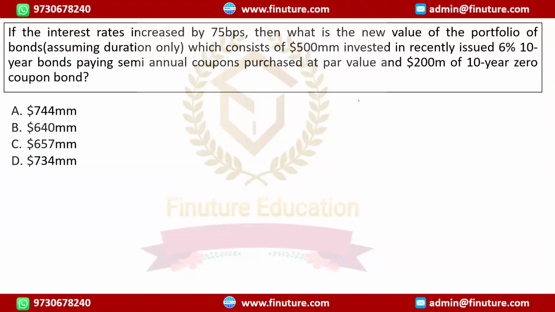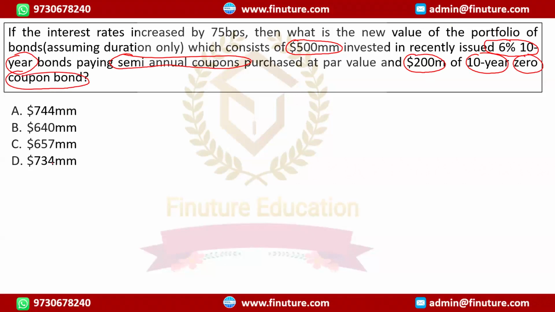So the total portfolio is 700 million. One of the bonds is a coupon-bearing bond, which is paying 6%, and maturity is 10 years, paying a semi-annual coupon. And another one is 200 million, which is also a 10-year bond, but it is a zero coupon bond. So yeah, the situation is like this.